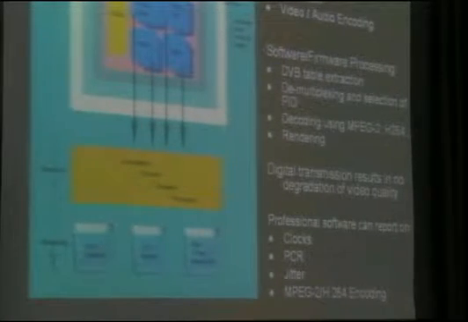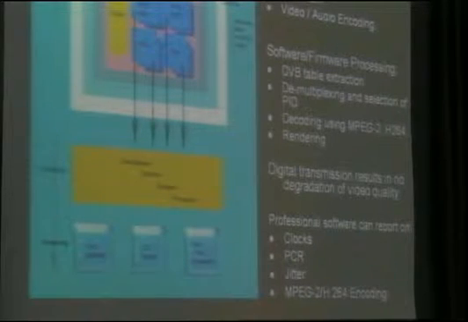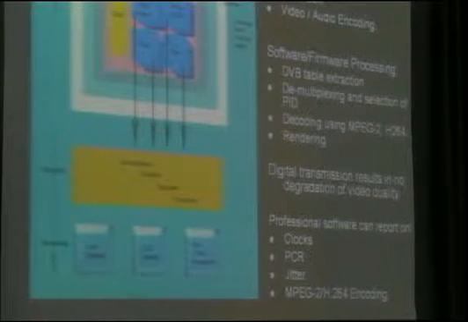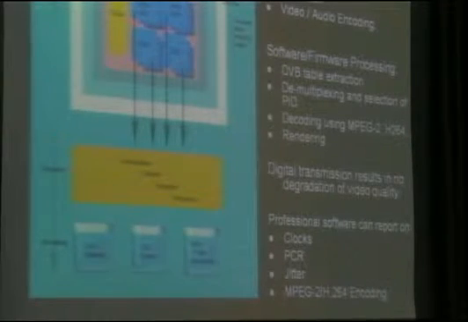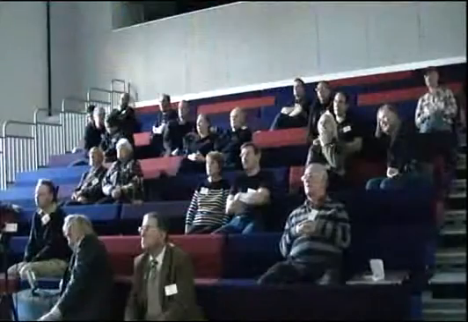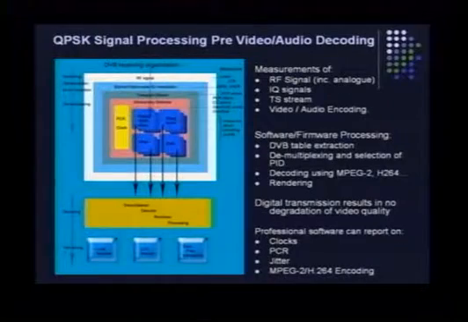I tried to understand where we can make measurements. There are different parts from the signal, the RF signal, to the video on the monitor and the audio. The first part, you have a RF signal. We will see we can measure the level, the CNR.